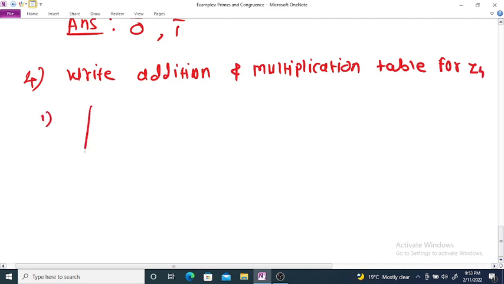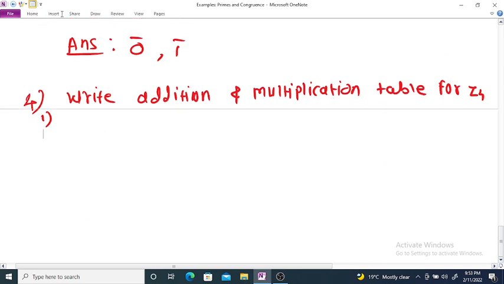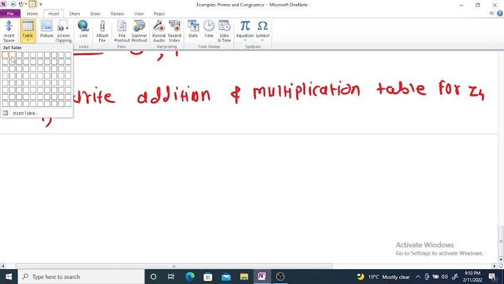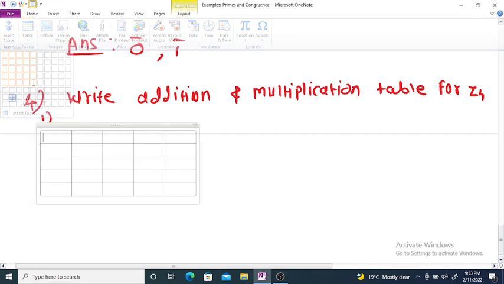First, the addition table. We want to insert a table here, with 0 bar, 1 bar, 2 bar, 3 bar.